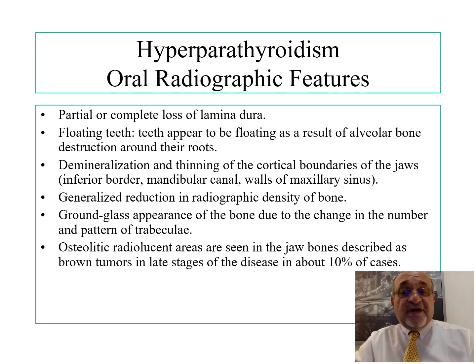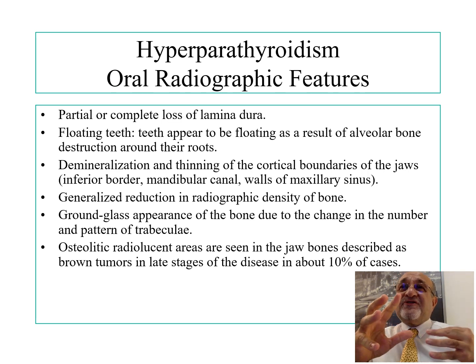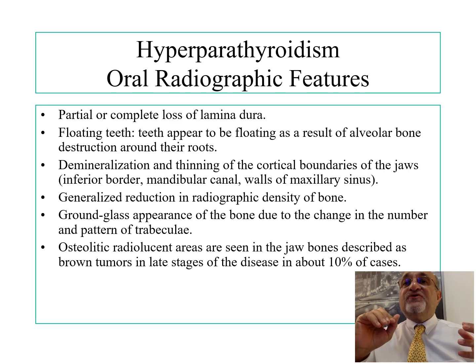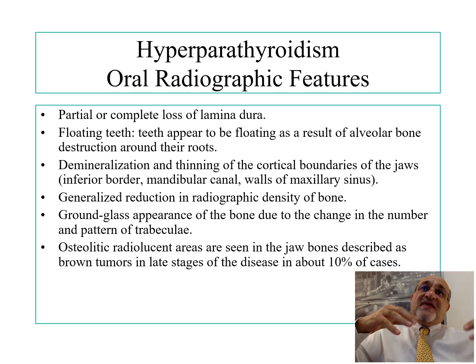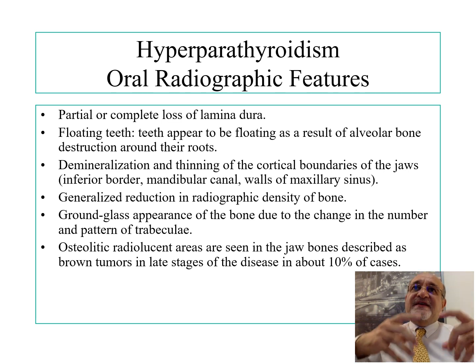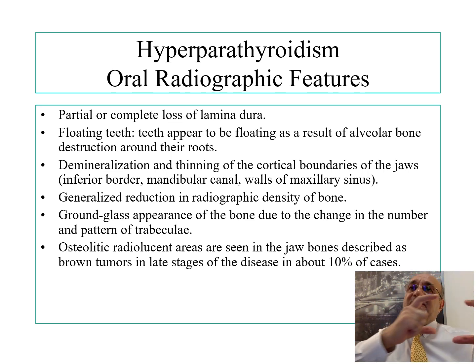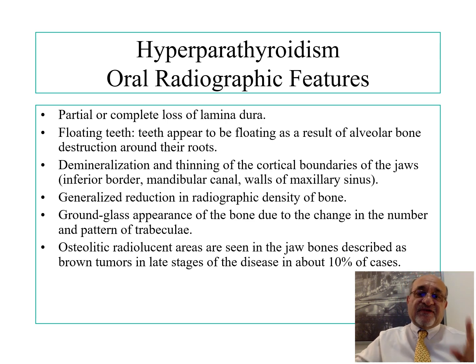And the osteolytic radiolucent areas are seen in the jaws, which are described as the brown tumors in the late stages of the disease in about 10% of the cases. What is happening here is that the normal bone is being replaced by granulation tissue. These will appear as radiolucent patches in the bone, which are given the name brown tumors.